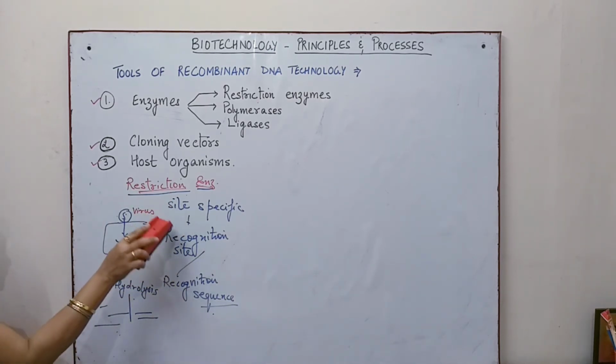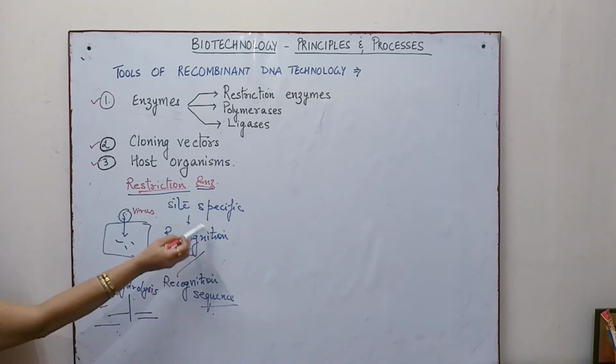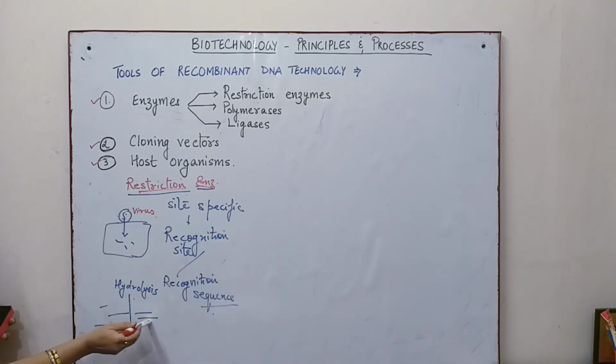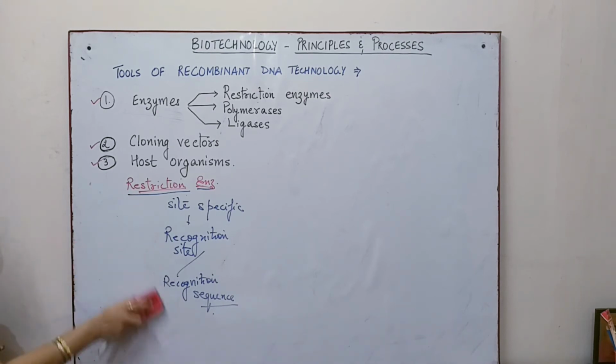As we said, restriction enzymes are site specific. That means they identify a particular nucleotide sequence and only then cause hydrolysis, thus breaking up the DNA fragment. Now the bacteria also has DNA with this recognition sequence.